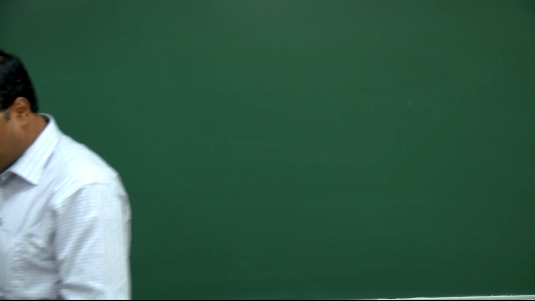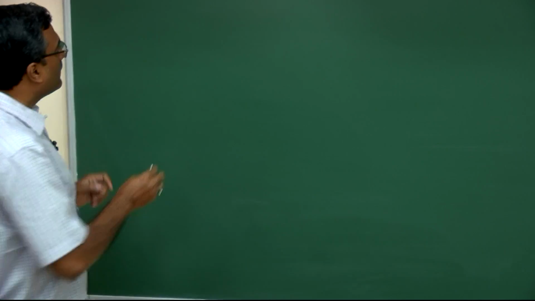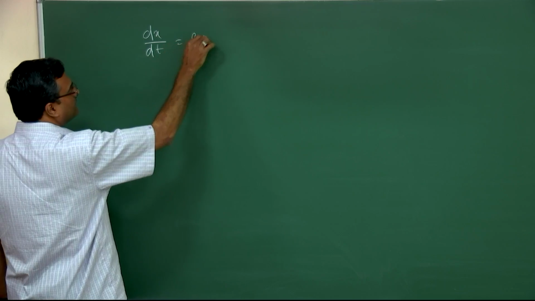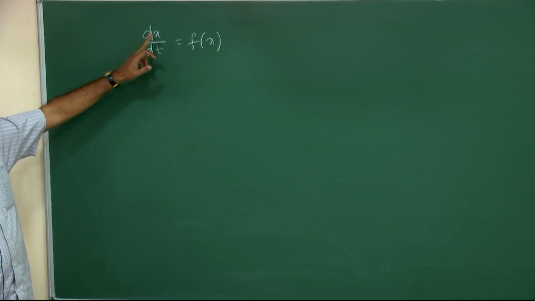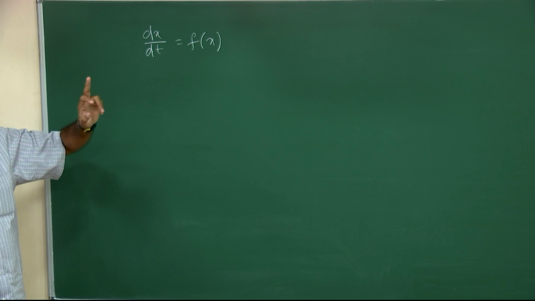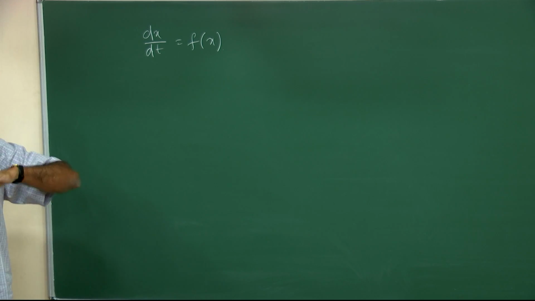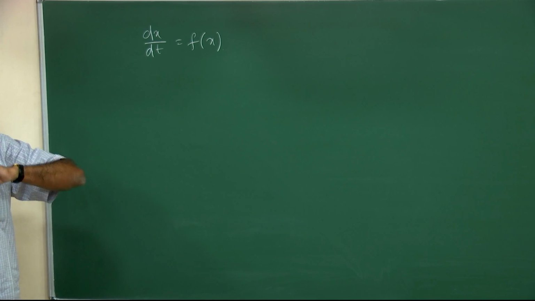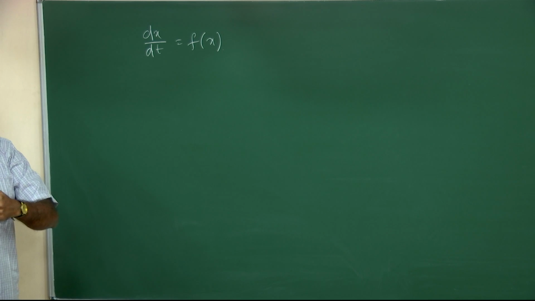So first, let us define what an equilibrium point is for a single variable system. A single variable system is defined by dx/dt equal to f(x). Sometimes I will consider this type of equation by introducing a parameter also, so some parameters will be involved, because in the case of bifurcation we are interested to study how the system's behavior depends on the particular values of the parameters, or some interrelation of the parameters involved in the model system.